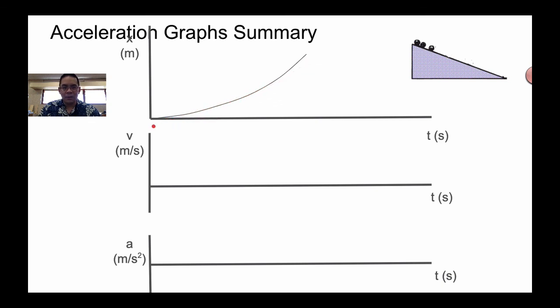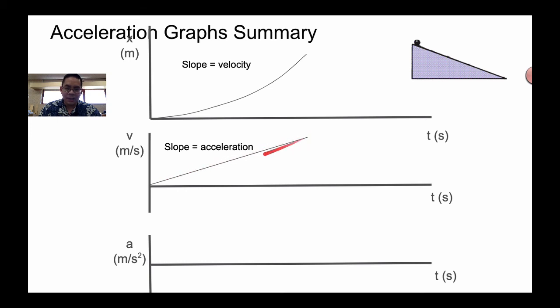Once you get this curve, when you analyze the tangential slopes at each of these segments, we get the velocity. And the velocity, as you saw, was a straight line. That straight line is something that we can then analyze the slope of, and when we analyze the slope of this, it turns out to be the acceleration.